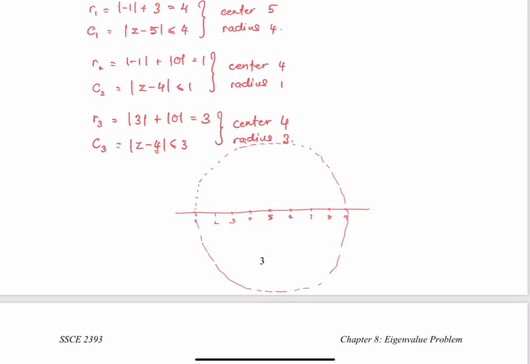For number 1. And then for number 2, we have center at 4. Here is our 4. And then the radius is 1. So that now the circle looks like this. This is our second circle.